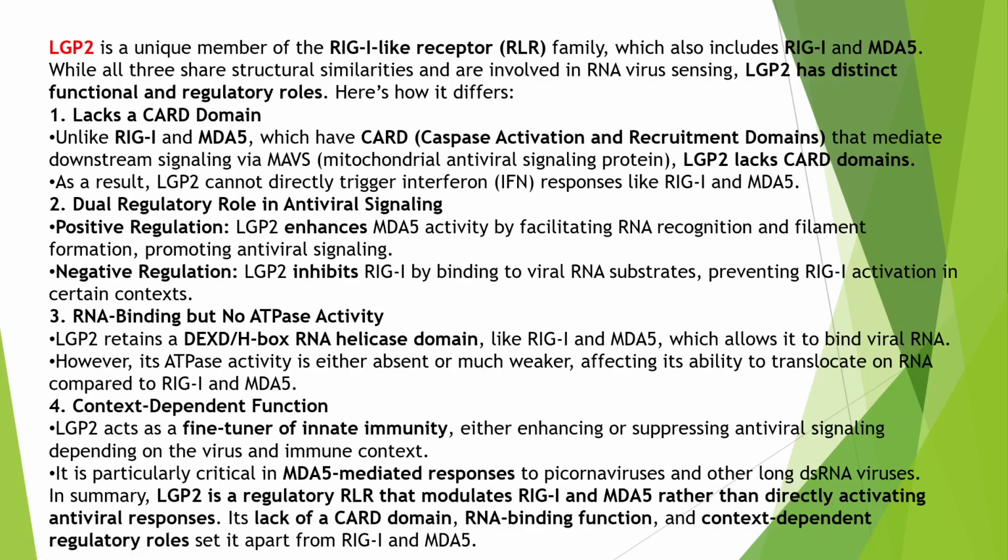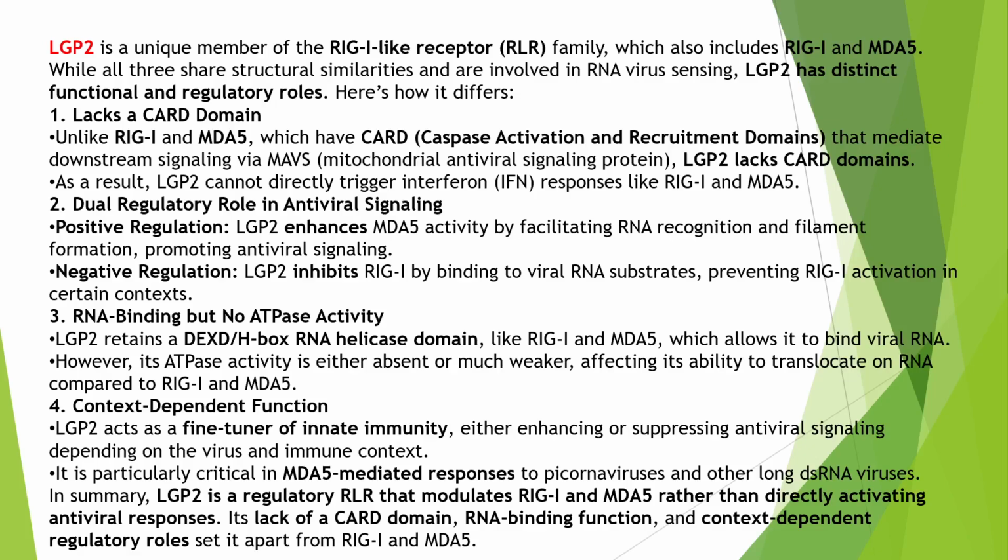All of them are involved in RNA virus sensing, but LGP2 has a distinct functional and regulatory role. First, it lacks a CARD domain. CARD is the caspase activation and recruitment domain. Unlike RIG1 and MDA5, LGP2 lacks the CARD domain.